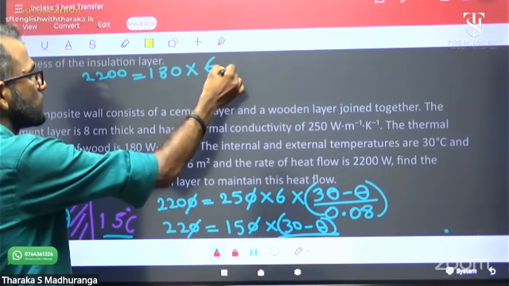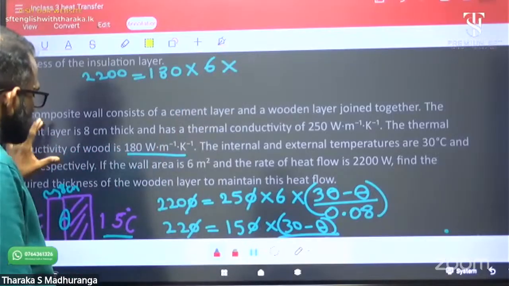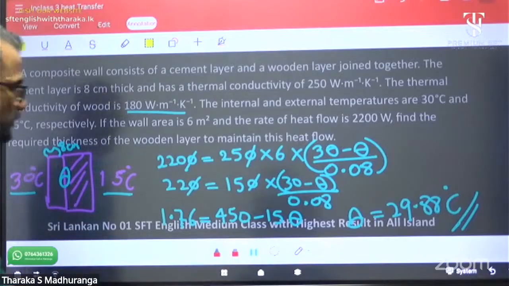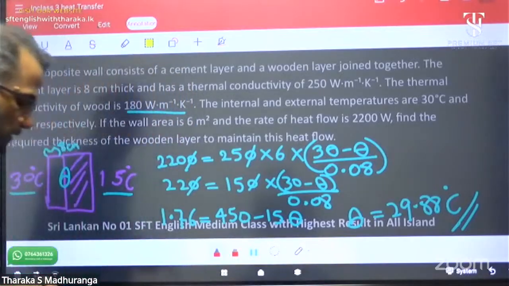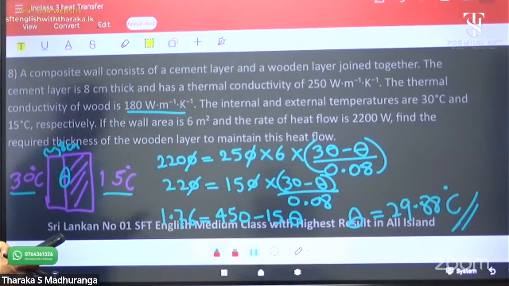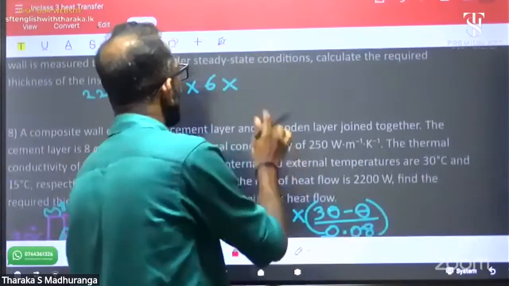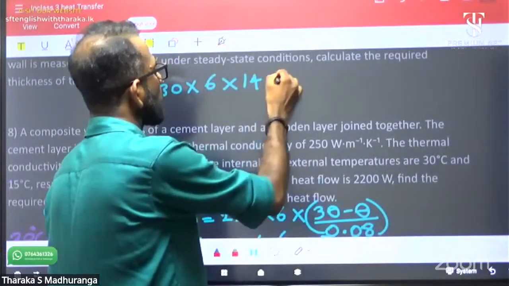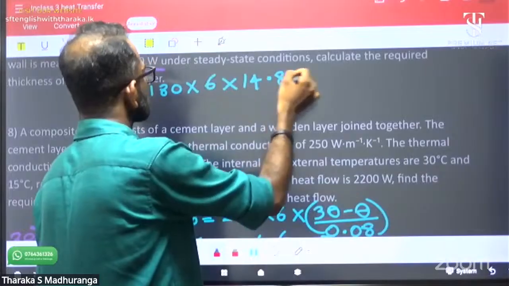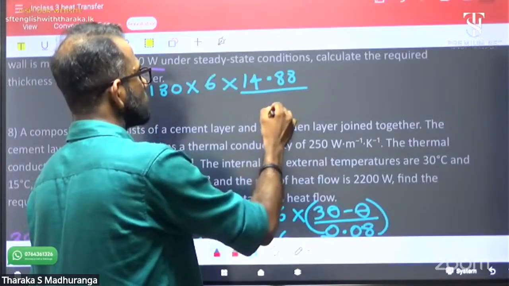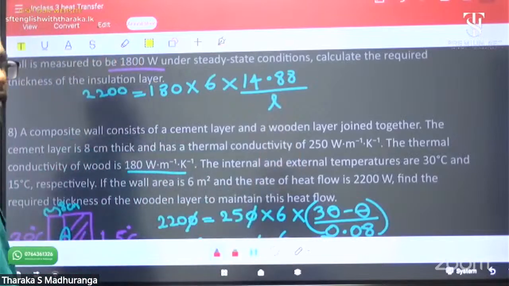Cross section area 6. What's the temperature difference of this layer? 29.88 minus 15, it is 14.88. Divided by the distance or length. Now you can isolate.